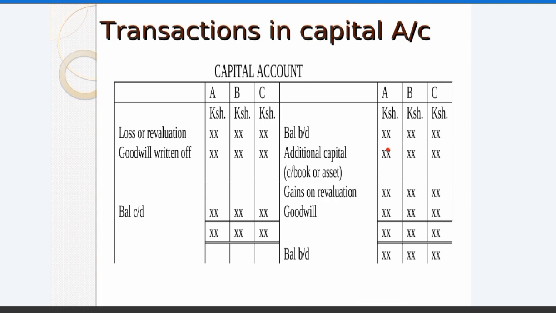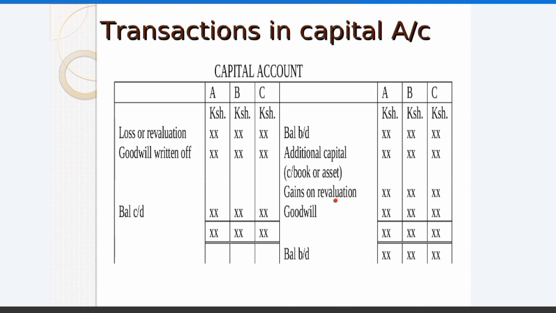That is why we are crediting the capital account, because an increase in capital will credit that capital account. If it is partner B bringing additional capital, his capital will increase. Therefore, you credit the capital account of B. And if it is C, then you will credit the capital account of C. So what can make the capital change is them bringing in additional capital.